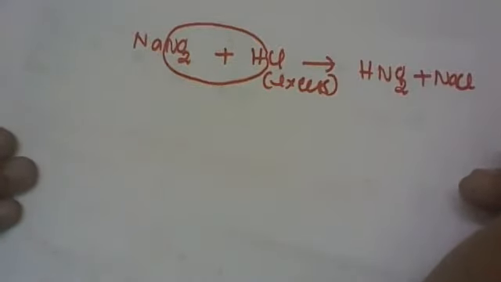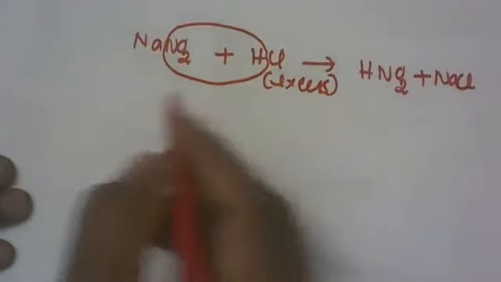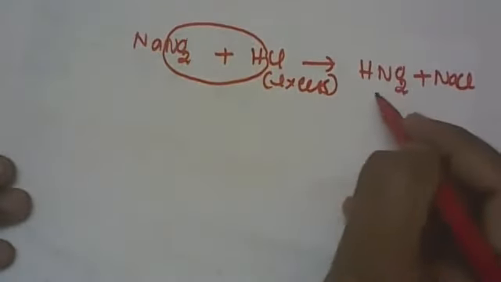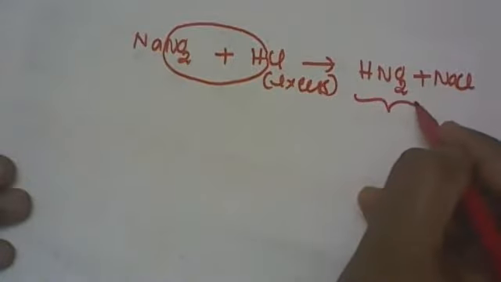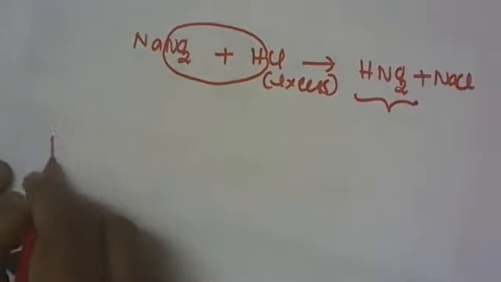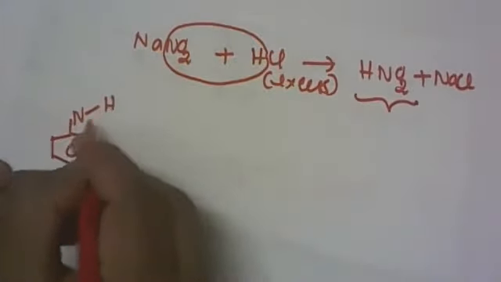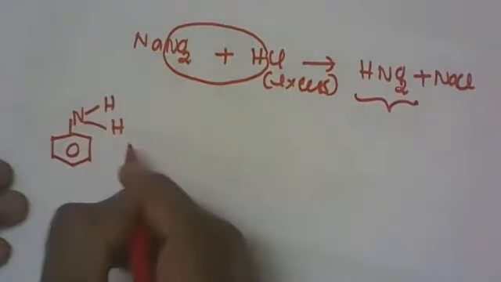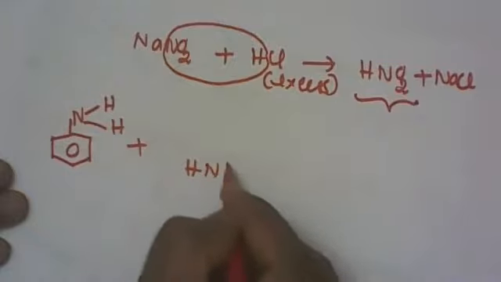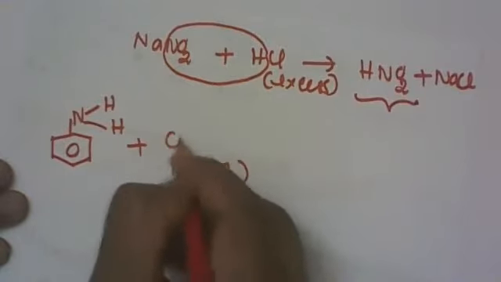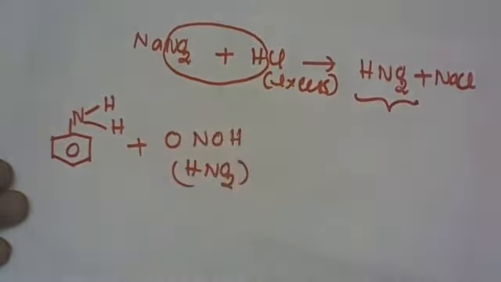Now this nitrous acid reacts with aniline. The aniline structure is the benzene ring attached to NH2. Let me write nitrous acid HNO2 in the form of ONOH.